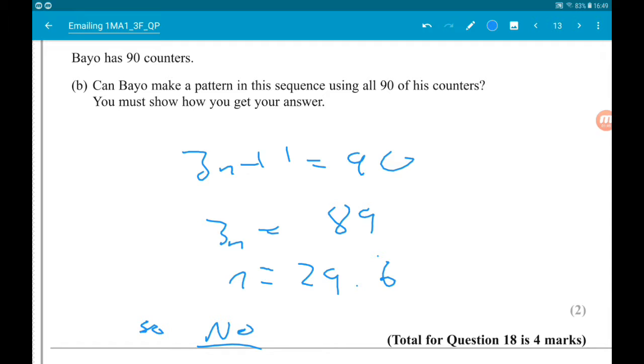If we just got 29 on its own with no decimals, that would mean the 29th term would use 90 counters. But you can't have term number 29.6 recurring. Makes no sense.